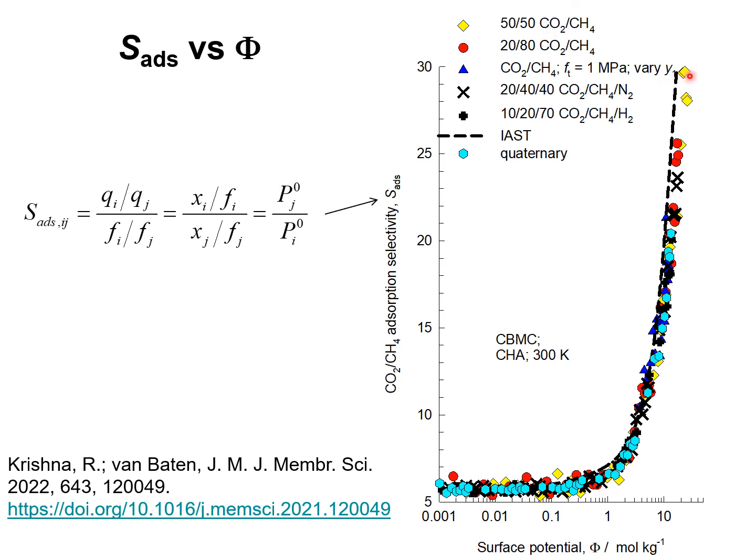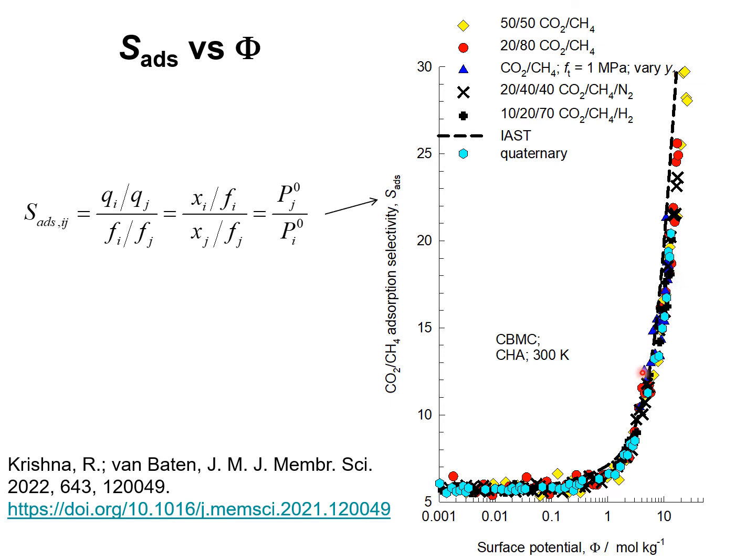The yellow diamonds represent 50-50 CO2-CH4 mixtures. The red circles represent 20-80 CO2-CH4 mixtures.